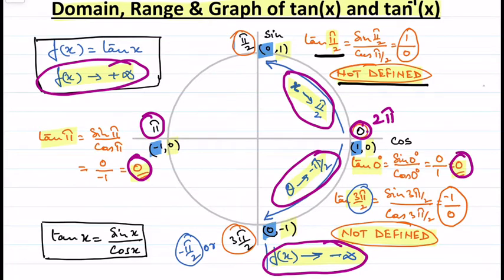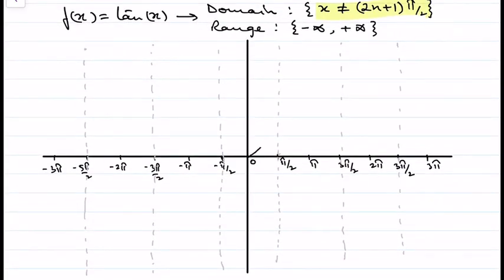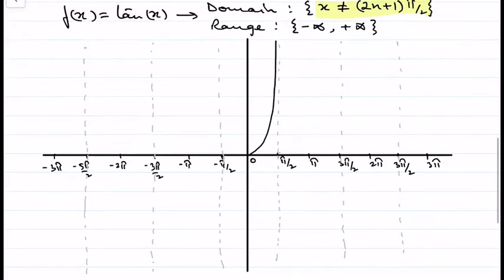So tan will be 0 at 0, pi, 2 pi, 3 pi, 4 pi, and so on. So let's graph it. As x approaches towards pi by 2, f(x) approaches towards infinity, and similarly when x approaches towards minus pi by 2, f(x) approaches towards minus infinity.